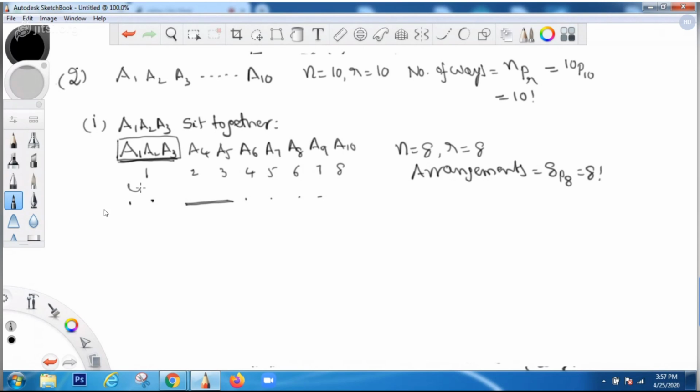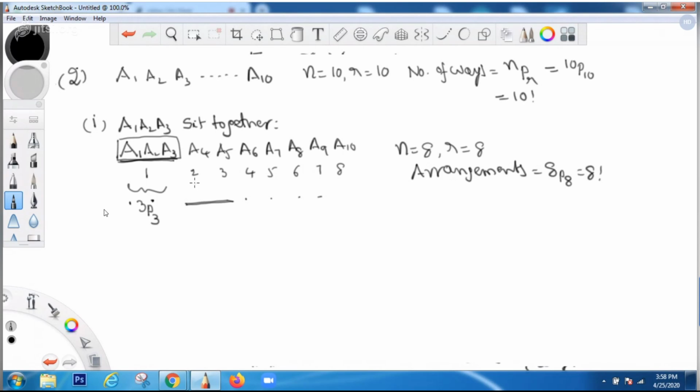So for these 3, the number of arrangements is 3P3. These 3 persons can interchange among themselves in the bench itself in 3 factorial ways.